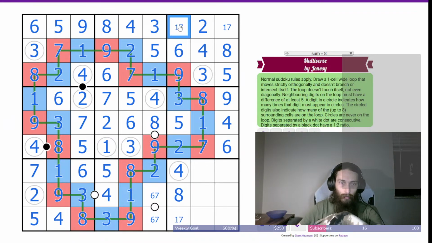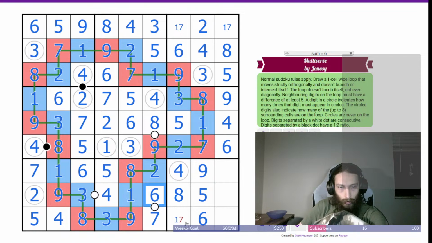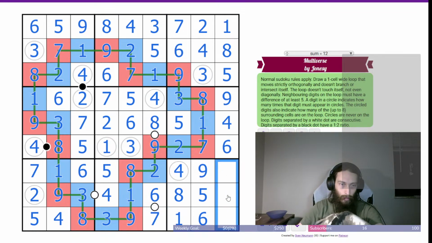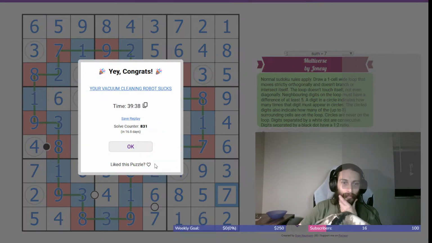I guess this one's an 8 because those two are 1, 7 pair. These three are 3, 8, 7, a 9, a 5, and a 6. Places 7, 6, 1, 7, 1. And then I still need a 2, a 3, and a 7. And we're done. Your vacuum cleaning robot sucks.